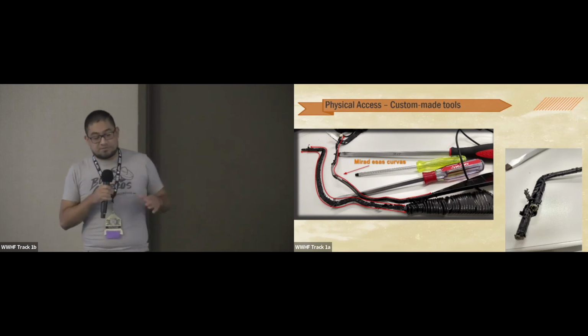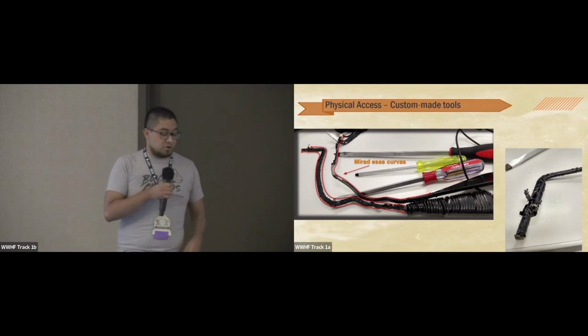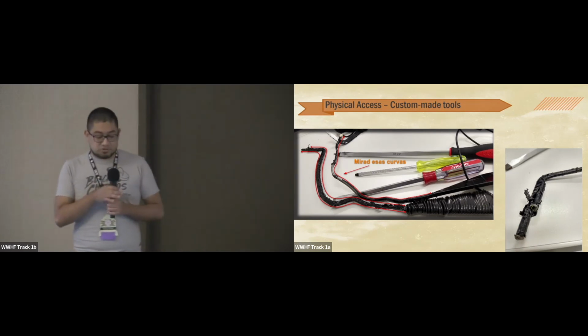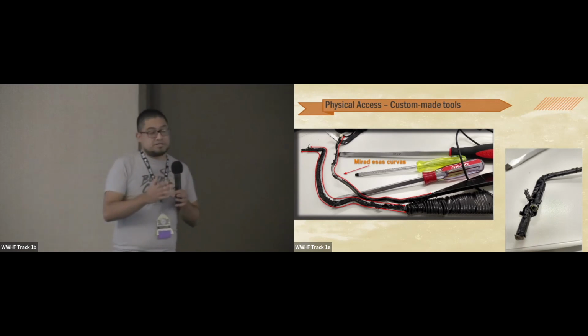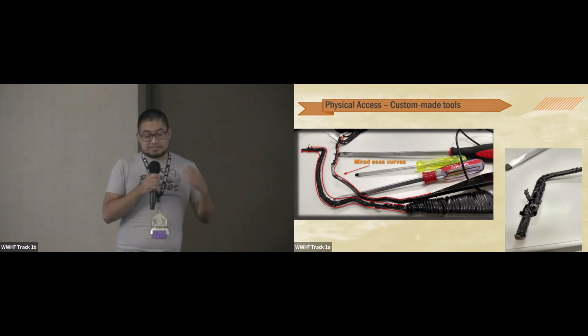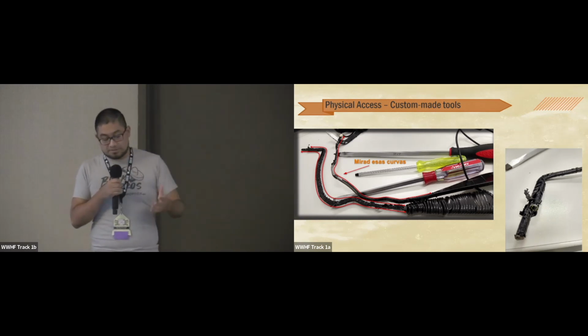So, for example, if a bank had NCR, Wincor, and Diebold ATMs, and you saw that these tools were found in a Diebold ATM, normally these tools will work in all of those Diebold ATMs of the same model.